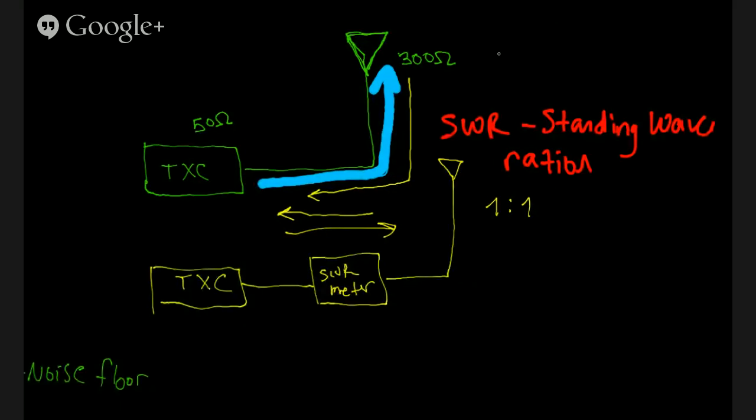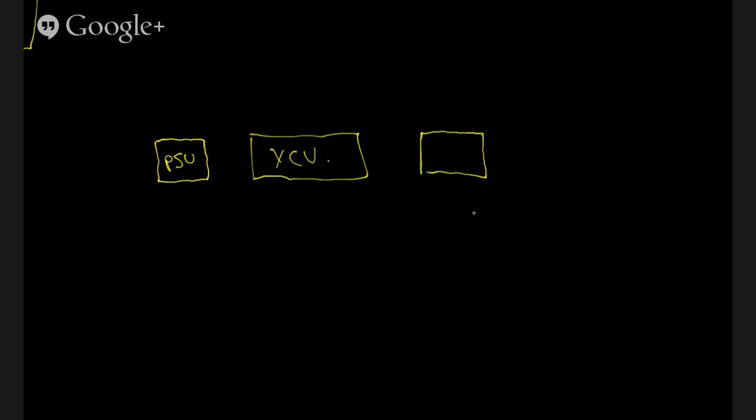So, for example, if we have a number of pieces of equipment, let's just say a PSU, power supply unit, a transceiver, an antenna tuning unit, an ATU, and a computer.